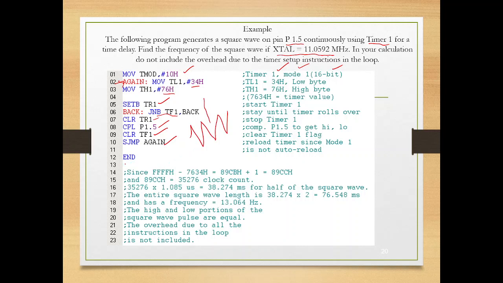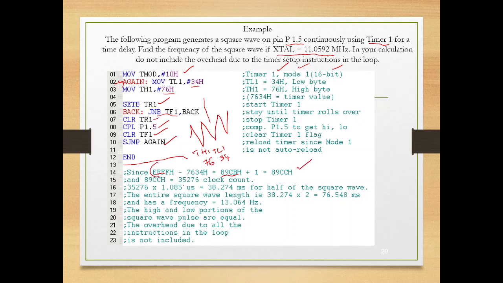If we are asked to calculate the delay, this is the procedure used. Maximum value FFFF minus the TH1 and TL1 values present in the coding, which are 34 here and 76 here. That value is subtracted from the high value. We get 89CB plus 1, so 89CC.